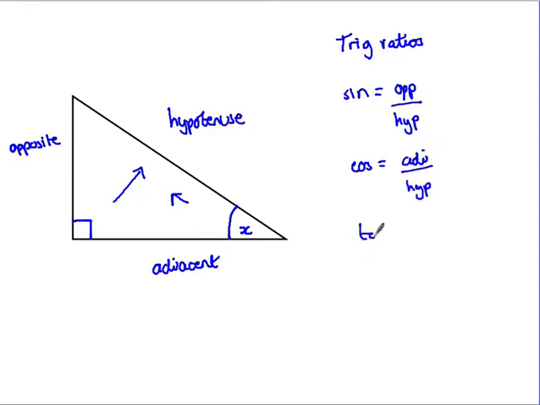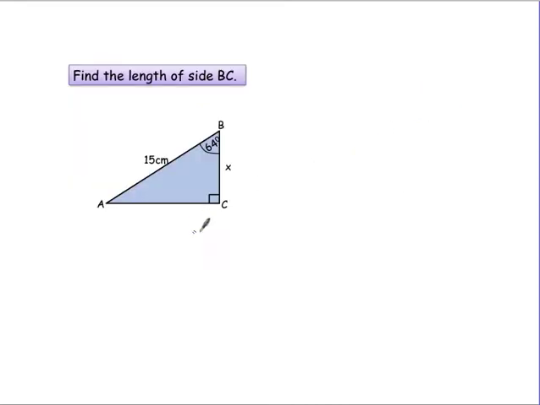And the tangent equals the opposite divided by the adjacent. Collectively, this lot are known as SOHCAHTOA, which is sine is opposite over hypotenuse, the cosine is the adjacent over the hypotenuse, and the tangent is the opposite over the adjacent. So now let's have a look at using that to solve some problems.